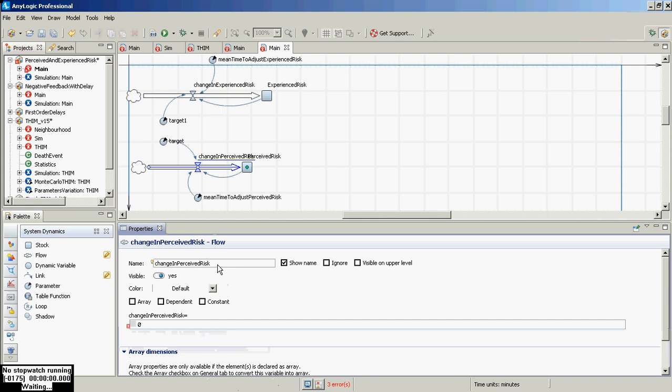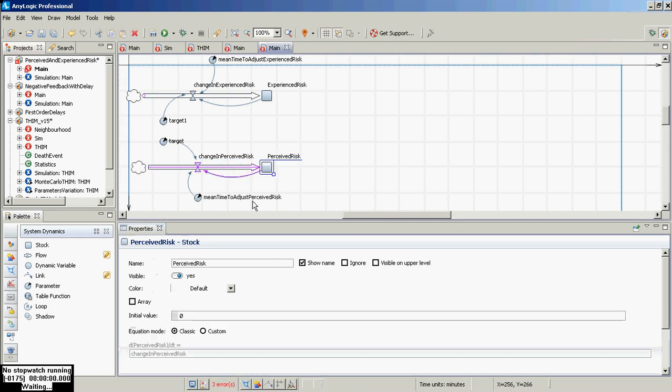Good. And could anyone instruct me with the formula to fill in for that flow, for the change in perceived risk? Yeah. Target minus perceived risk. I'm sorry, this is occluded in a most unseemly fashion, so let me drag this out. There we go.